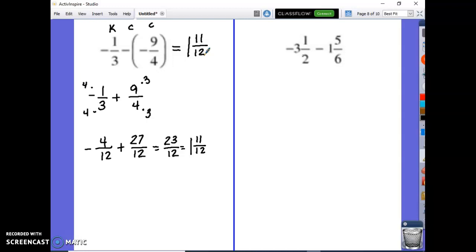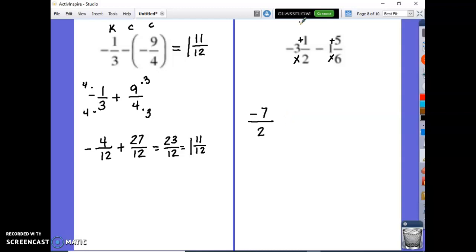Now we have a mixed number with uncommon denominators. So again, first thing, just like when you're adding, you're going to change the mixed number into an improper fraction, and then we'll apply our integer rules. So 3 times 2 is 6, plus 1 is 7, and that's going to be a negative over 2 because my denominator does not change.